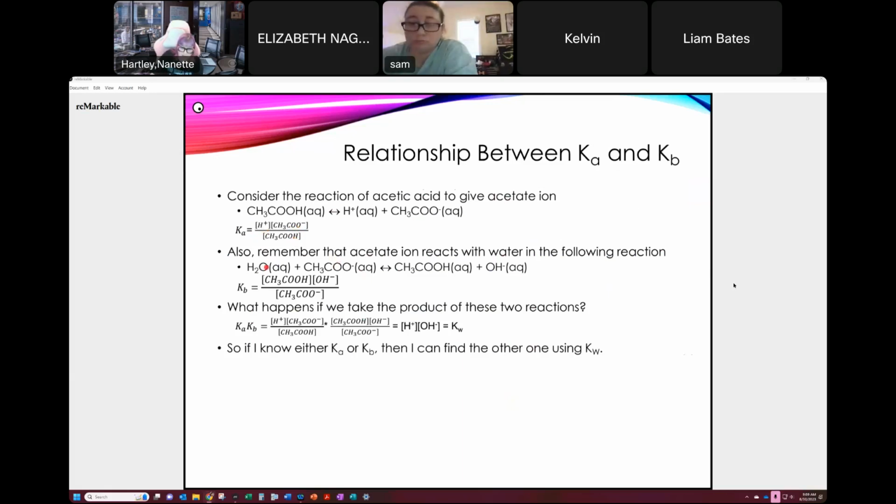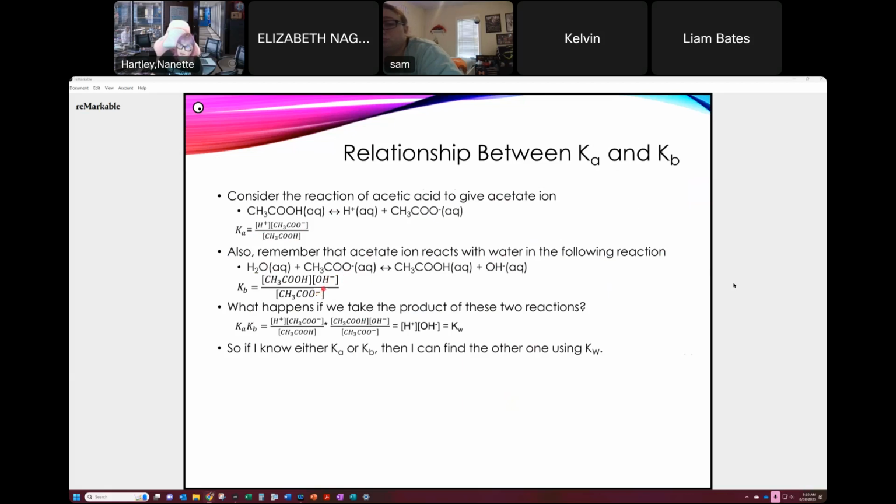Now remember, acetate ion reacts with water. So we take our H2O, that acetate ion, CH3COO minus, that gives me back that acid, CH3COOH plus OH minus. And that has a Kb that can be associated with it. In that case, we're looking at the concentration of CH3COOH times the OH minus over CH3COO minus. Okay, awesome.